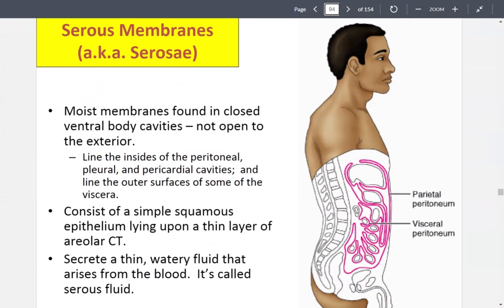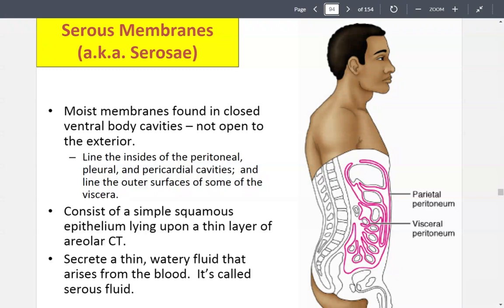So this is more on the outside of the stomach, the outside of the small intestine, and with the spleen or the liver or the kidneys. So they'll line the insides of the peritoneal, pleural, and pericardial cavities and the outer surfaces of the viscera. Viscera is another term for the organs found in your abdomen.